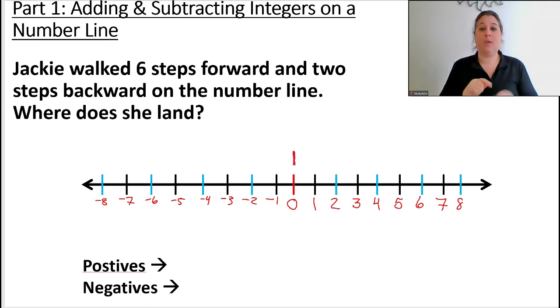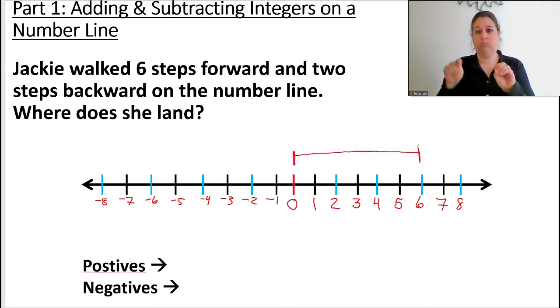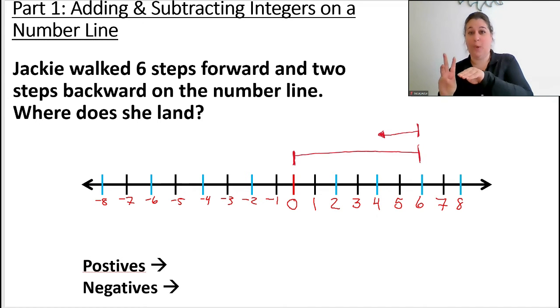It says Jackie walks 6 steps forward. Well, to show 6 steps, I had to go all the way to 6. But then it says 2 steps backward. Well, from 6, I go 2 backwards. 1, 2. And this is where we land. If you can see, we land at 4.